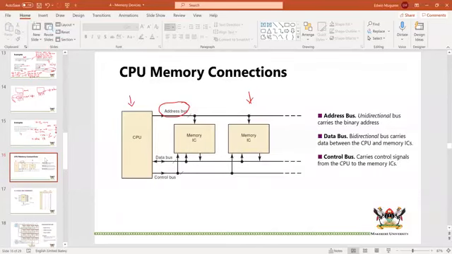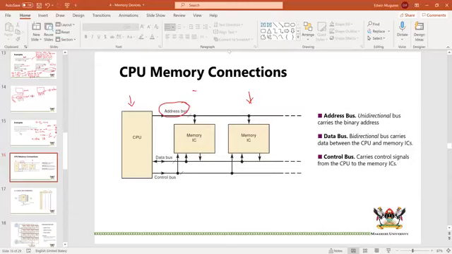The memory is not the one charged with knowing what the CPU wants. The CPU must supply that address. It only goes in one direction, from the CPU to the memory. The memory never has to send address information back to the CPU. And so the address bus is a unidirectional bus.